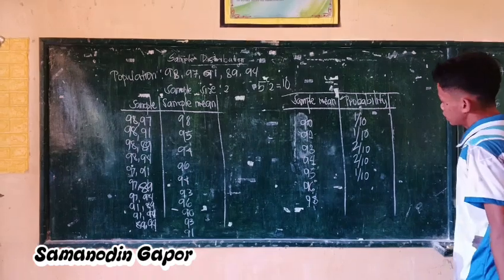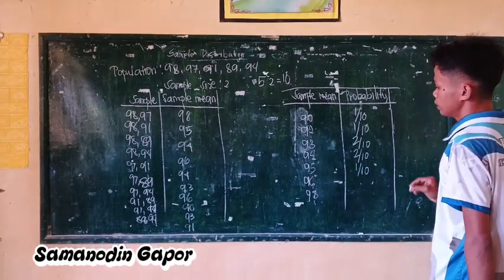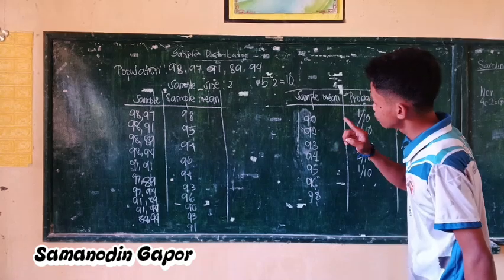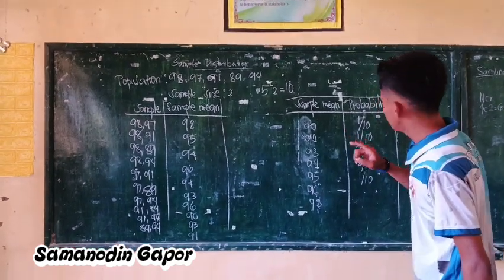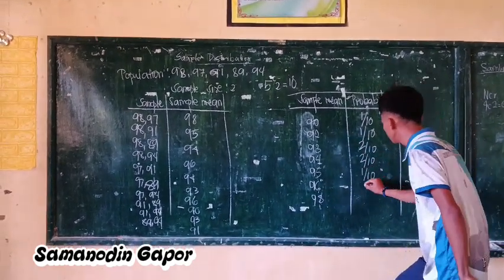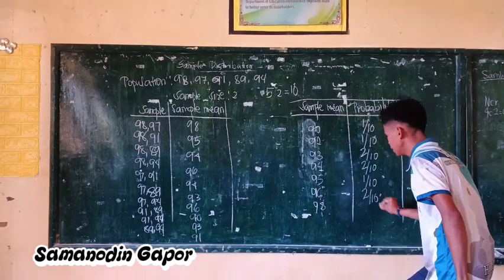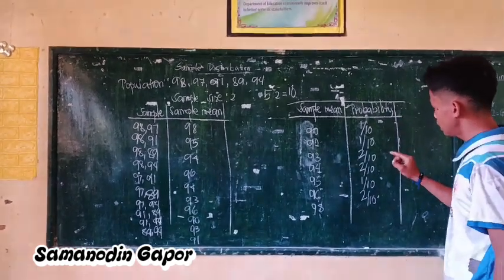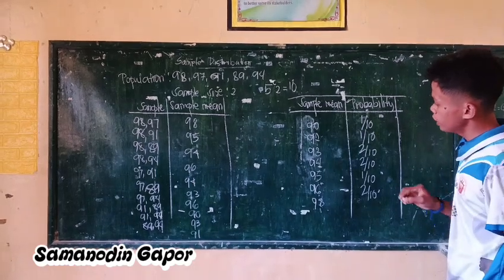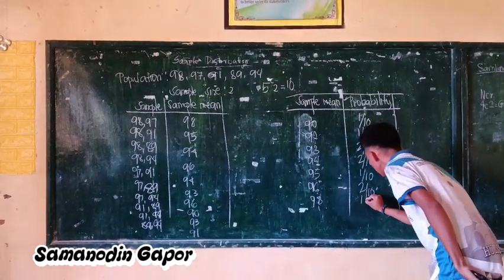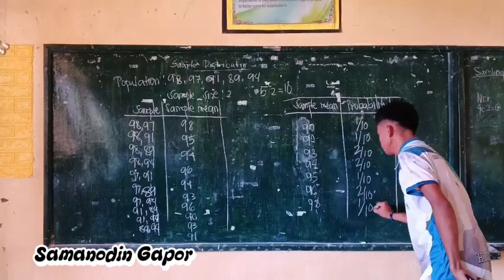The number 6 is 96, which occurs twice, so we have 2 over 10. The last number is 98, so we have 1 over 10. So that's all.